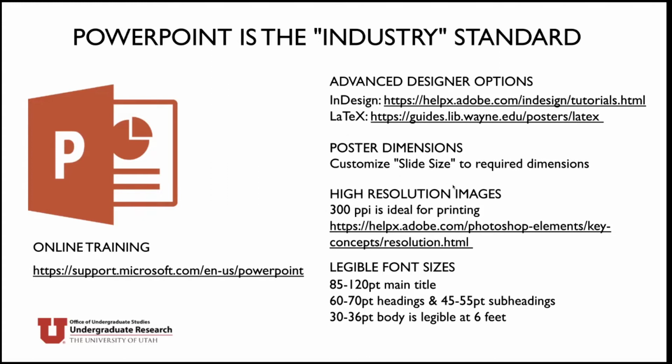It's also really important when you're creating these posters in PowerPoint, which is on a tiny computer screen, that everything looks really sharp and fantastic, but when you blow it up to full size, you're stretching out the imagery. If you do not put in a high resolution picture, and we recommend 300 pixels per inch, which is what PPI stands for, your images will end up looking very pixelated and blurry when you print it out.